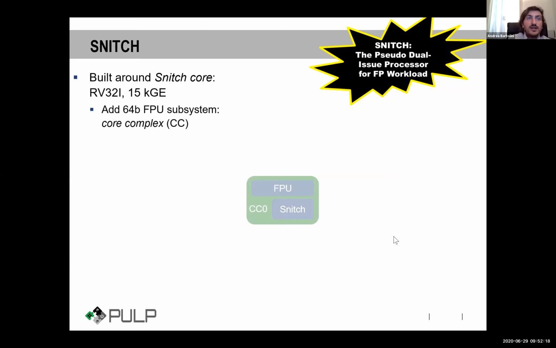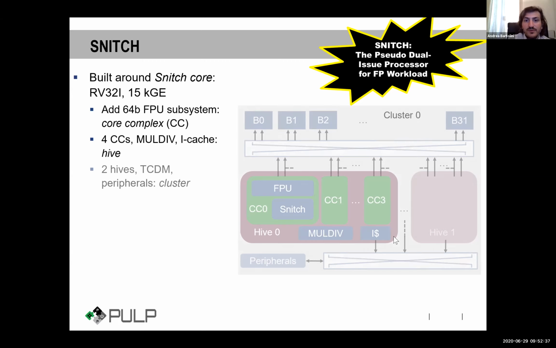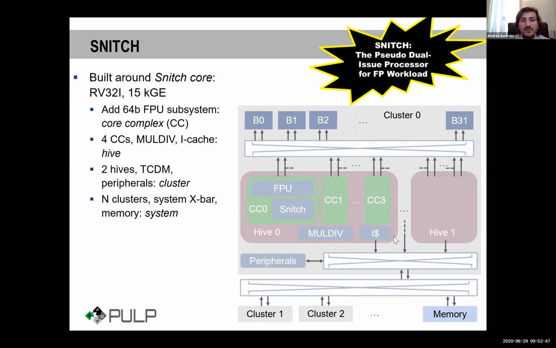Then the SNICH are organized in clusters, and every 4 SNICH core complexes, we have a shared multiply divider and instruction cache, which is called a hive. Then 2 hives share a TCDM memory and peripherals, which realize a cluster, and then the cluster shares a crossbar and access to the system memory, to the main memory.